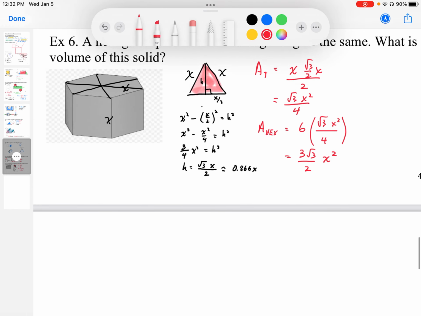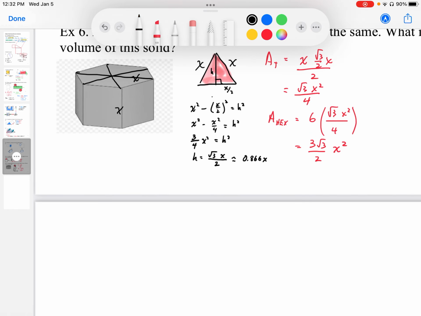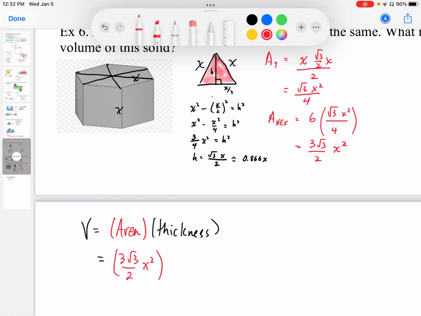If I want to work out the volume of this, again, volume is equal to the area times the thickness. In this case, the thickness is x, so I end up with the area of the hexagon, 3 root 3 over 2 x squared, times the thickness.